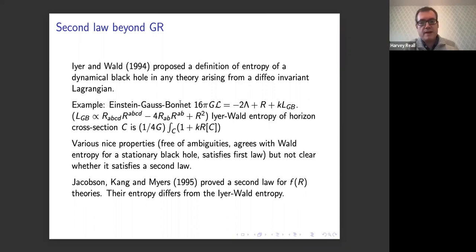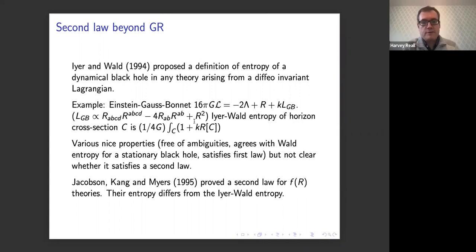Let's look at Einstein-Gauss-Bonnet theory. So the Lagrangian here is just the usual Einstein-Hilbert term plus a cosmological constant. And then you add this Gauss-Bonnet term to the action. The Gauss-Bonnet term, if you've not seen it before, is this particular combination of terms quadratic in curvature. This term is topological in 4 dimensions, but not in higher dimensions.